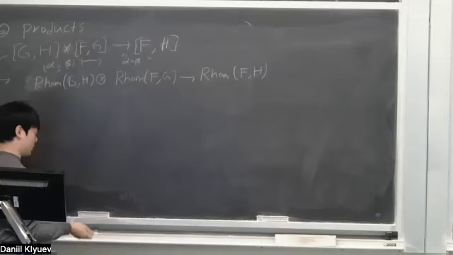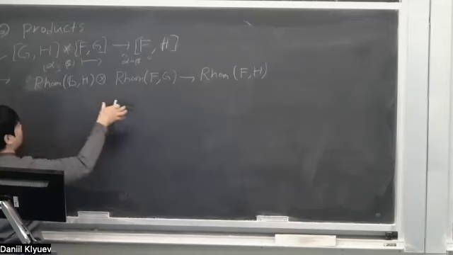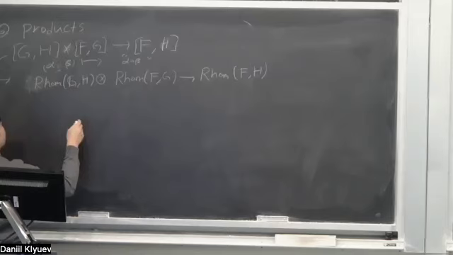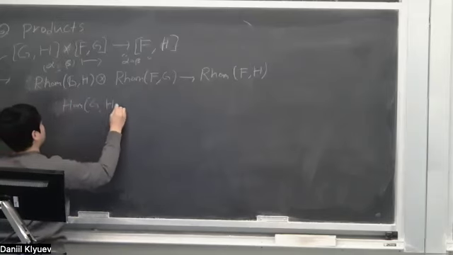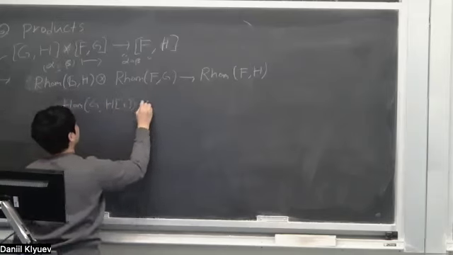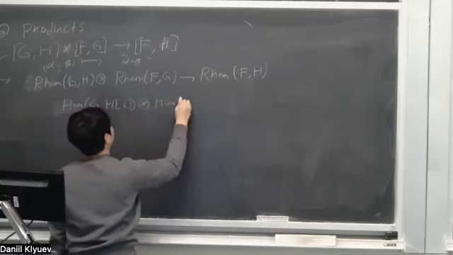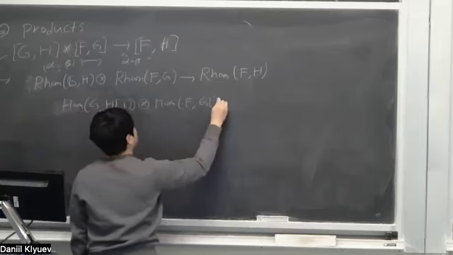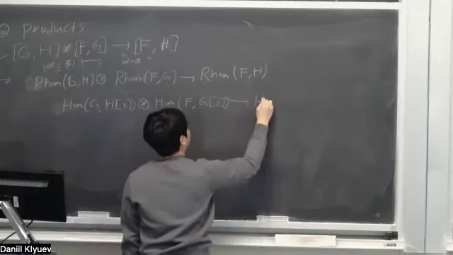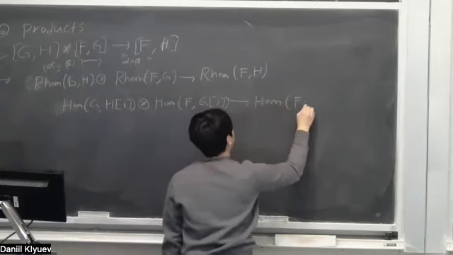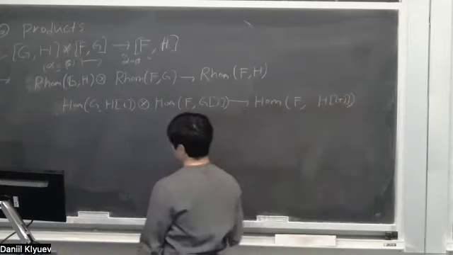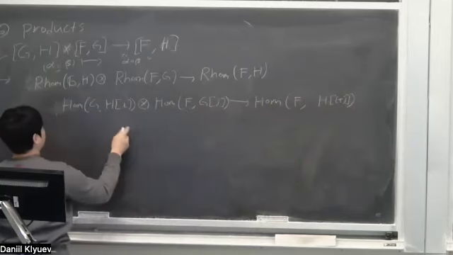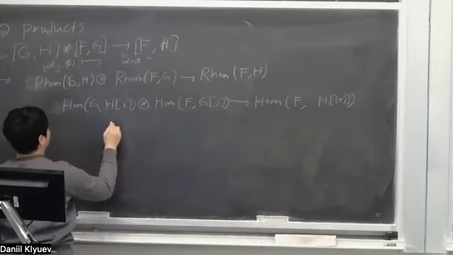And if we take the i-th homology, then we get H^i of hom(g,h) tensor H^j of hom(f,g) to H^(i+j) of hom(f,h), which is just a composition of homomorphisms.